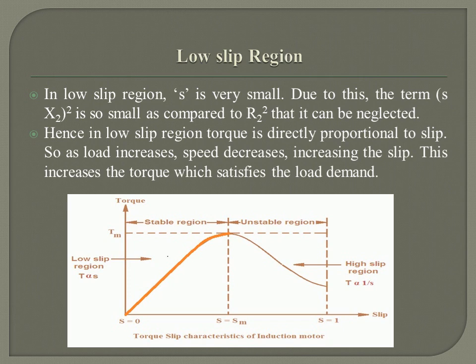So as the load increases, speed decreases, increasing the slip. This increases the torque which satisfies the load demand. So from s equal to 0 to s equal to Sm, the low slip region is there. In that, the torque is directly proportional to the slip, so here the nature of the graph is linear. The yellow line indicates the low slip region.